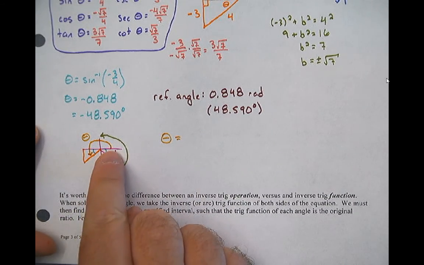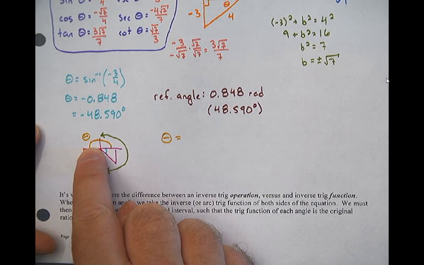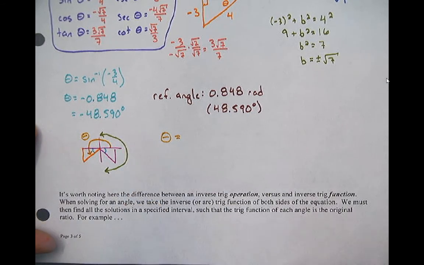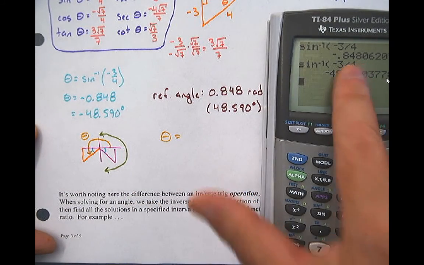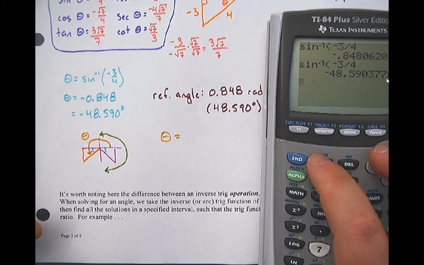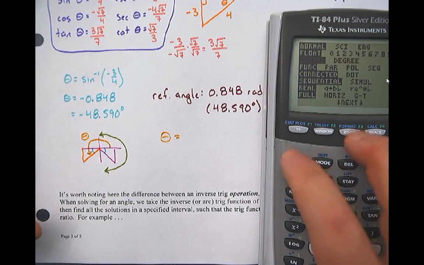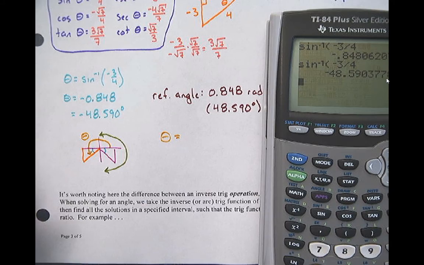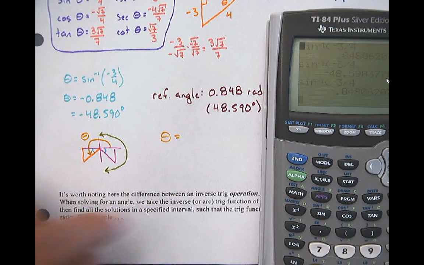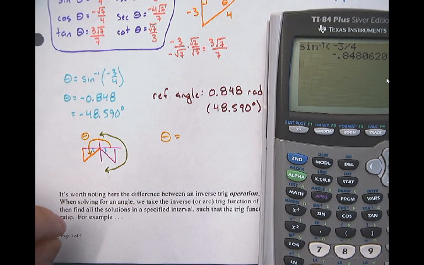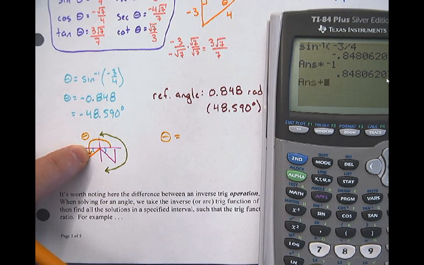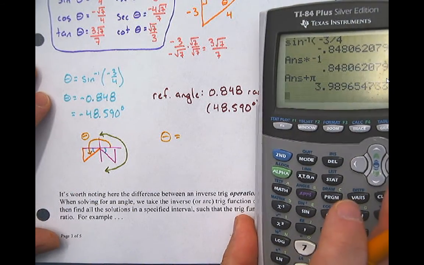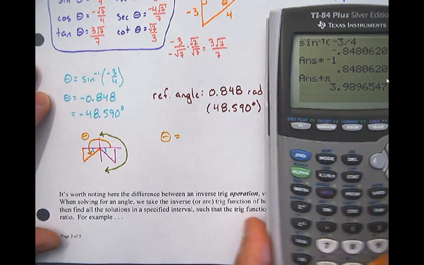All right, well, how far is it from here to there? In radians, it's pi. So I would take this number up here. So I'm going to go back to my other mode. That brings up my negative blah, blah, blah. Now I need to make it a positive, so I'm going to times it by -1. And then I'm going to add a pi to that. That's going to take me to the angle 3.989.